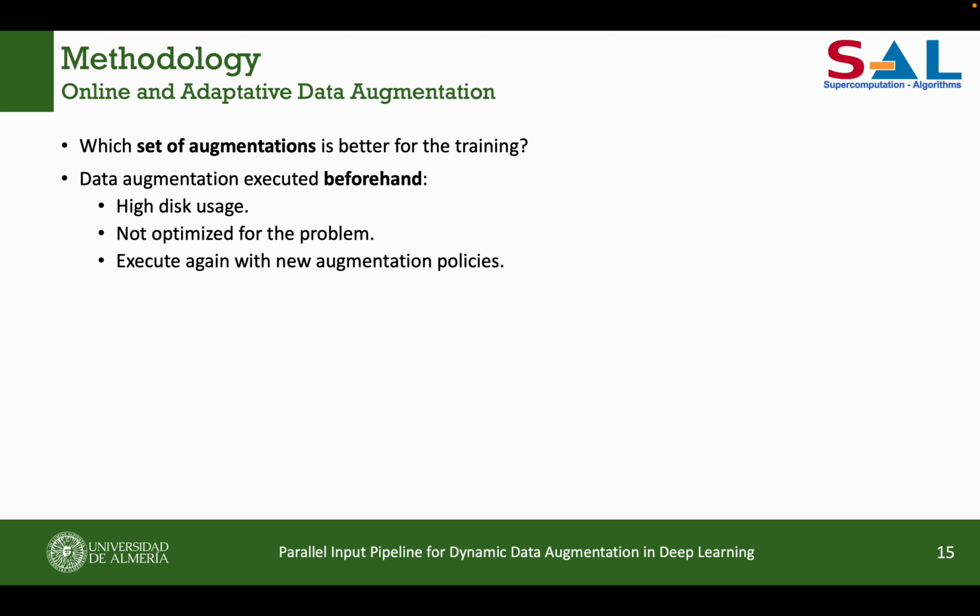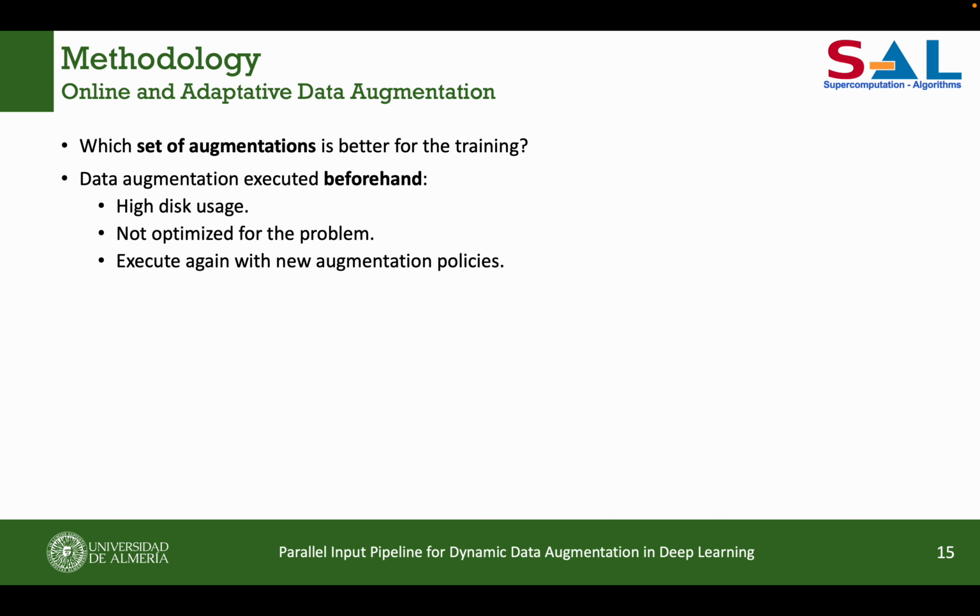Another question, since we are creating the data dynamically, when the GPU asks for new data, we ask which set of augmentations is better for the training, because we are generating 81 variations for each sequence, but which of them make the model improve.